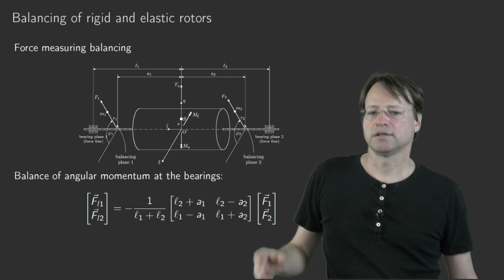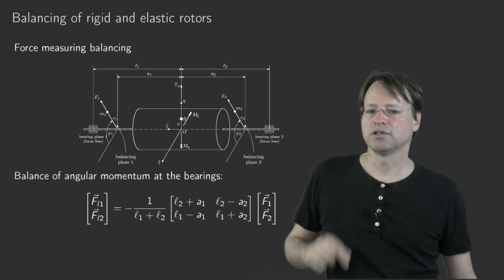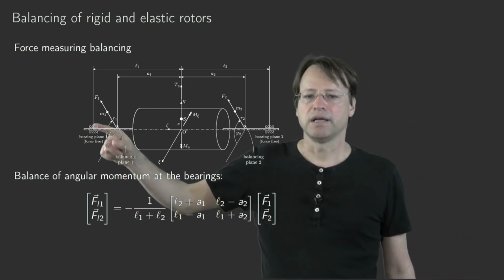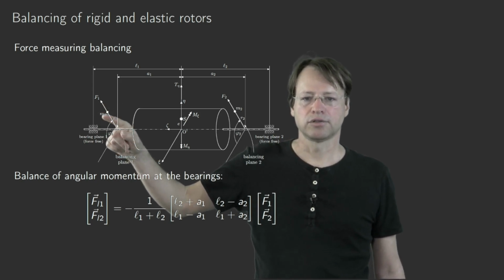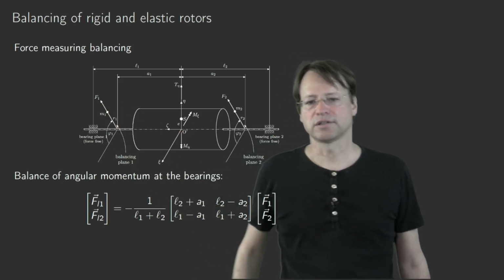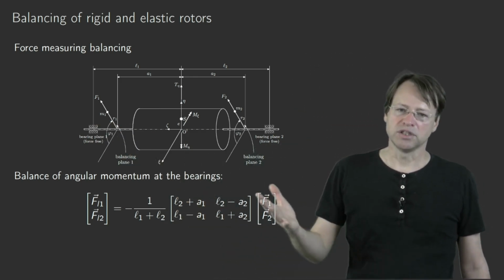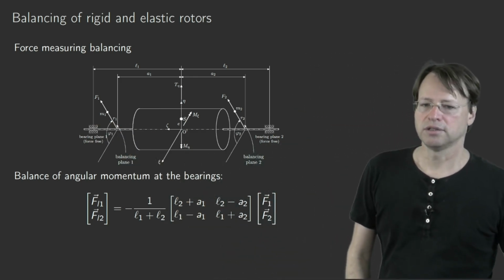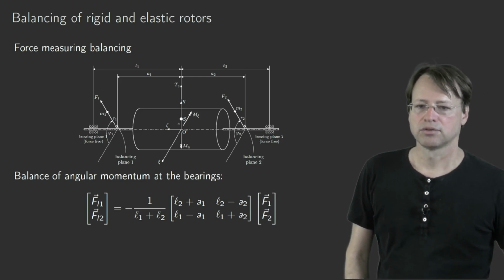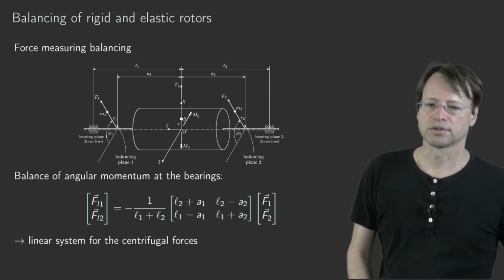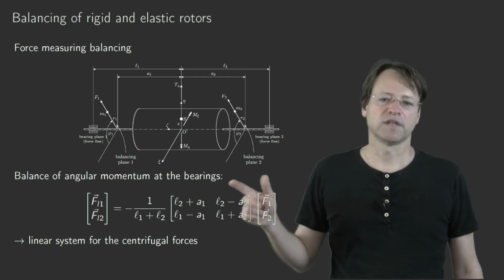Then we can determine the magnitude of these forces by adding, at a certain radius r here, the correct masses. So you can see that this is quite easy. You have a linear system to solve for the centrifugal forces, and then you are done.